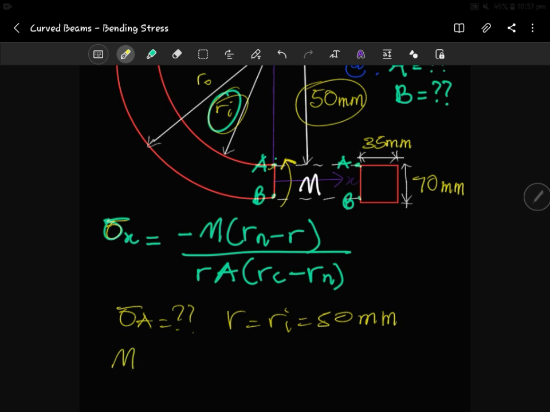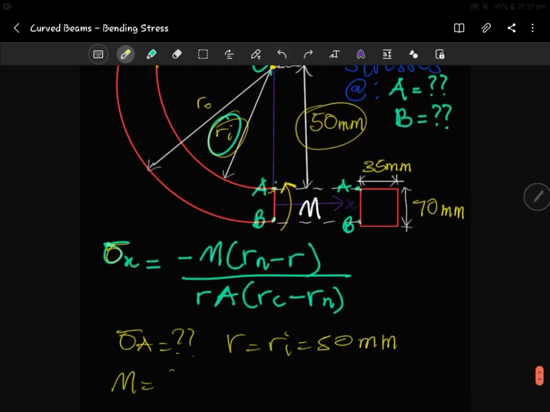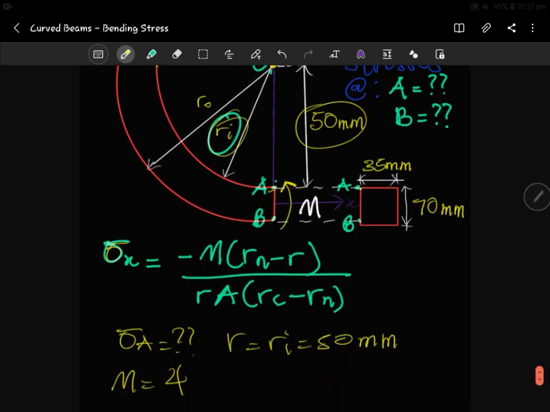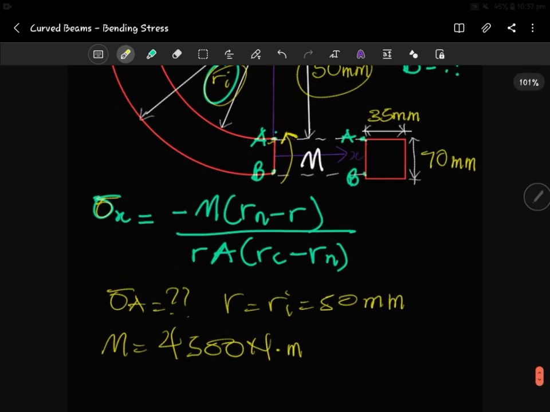We have our M already, which is 4,500 Newton meter. Then let's look for A. A is the cross-sectional area, which is 35 times 70, all in mm.